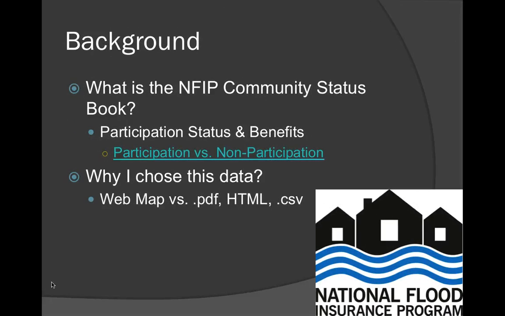So some background. The Community Status Book is a comprehensive document of United States communities defined by FEMA and their participation with the National Flood Insurance Program. If a community participates with the National Flood Insurance Program, they get the benefit of flood insurance at a set rate, and also can make stricter floodplain management regulations within the community.